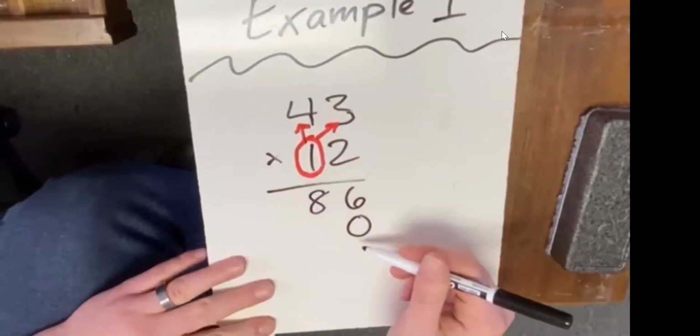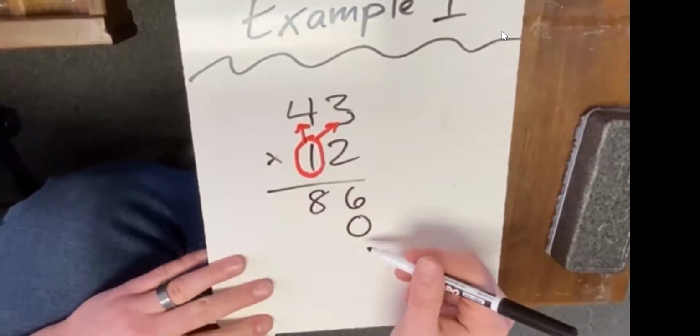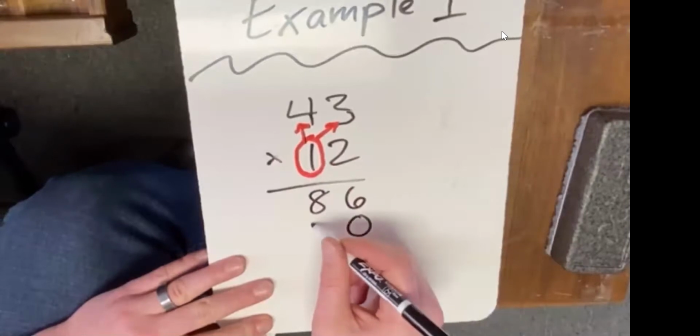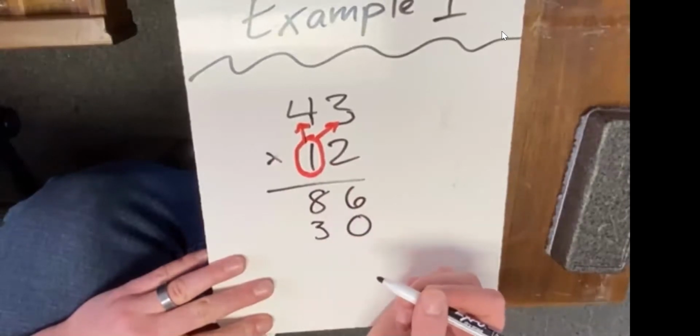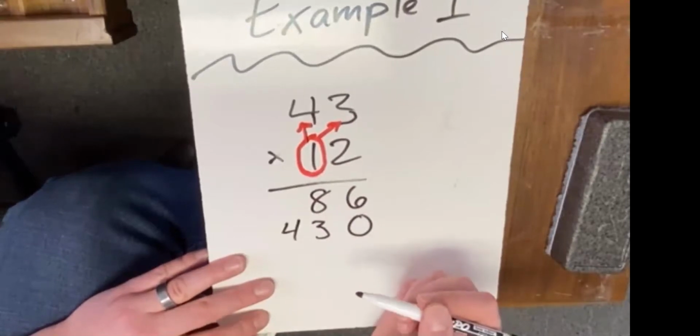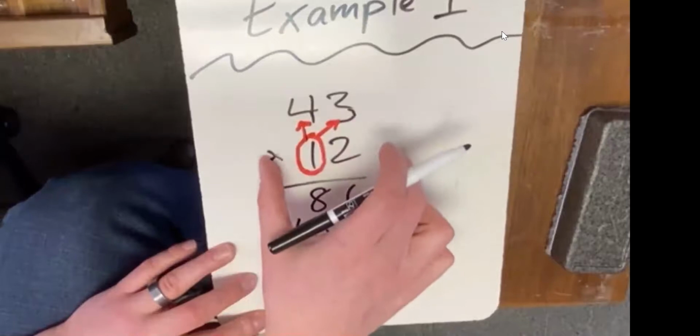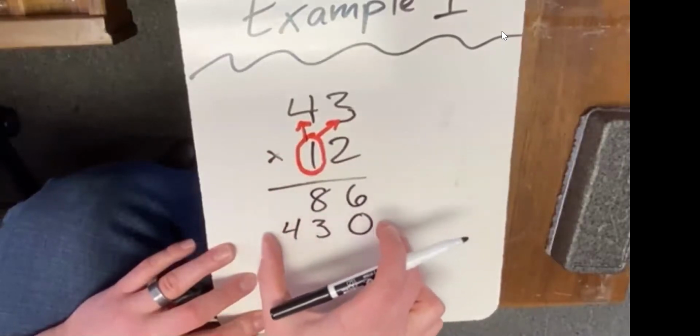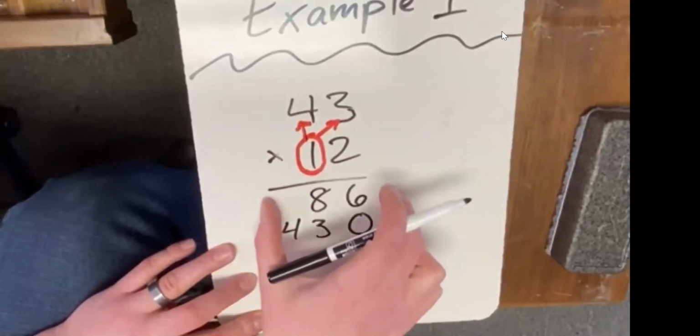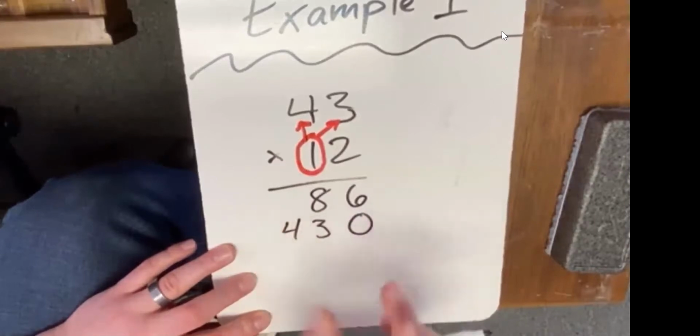So add the 0 as a placeholder. I need to take 1 times 3, which I will put right here, is 3, and then 1 times 4, which is 4. Now that I have multiplied both those numbers together, I need to add these two numbers together. I need to add 86 plus 430.